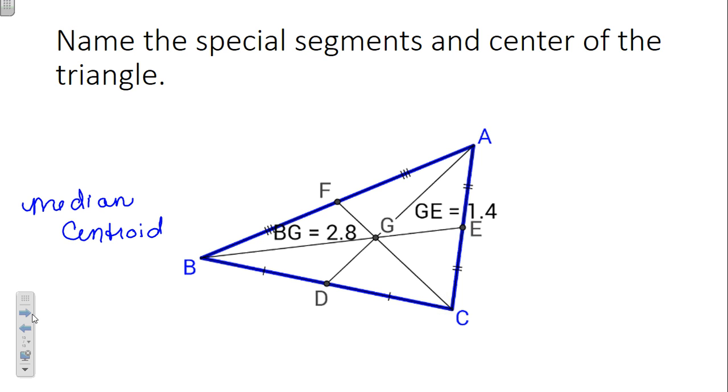Two things: what segments made this point, and what's the special center name for it, not the name as in point G. Make sense? That was 14. Median, centroid.